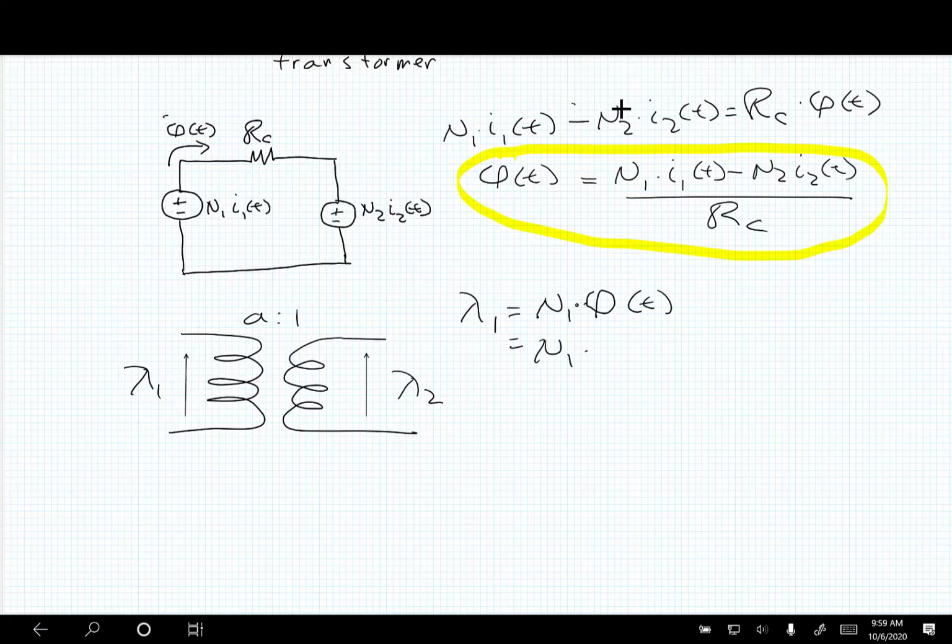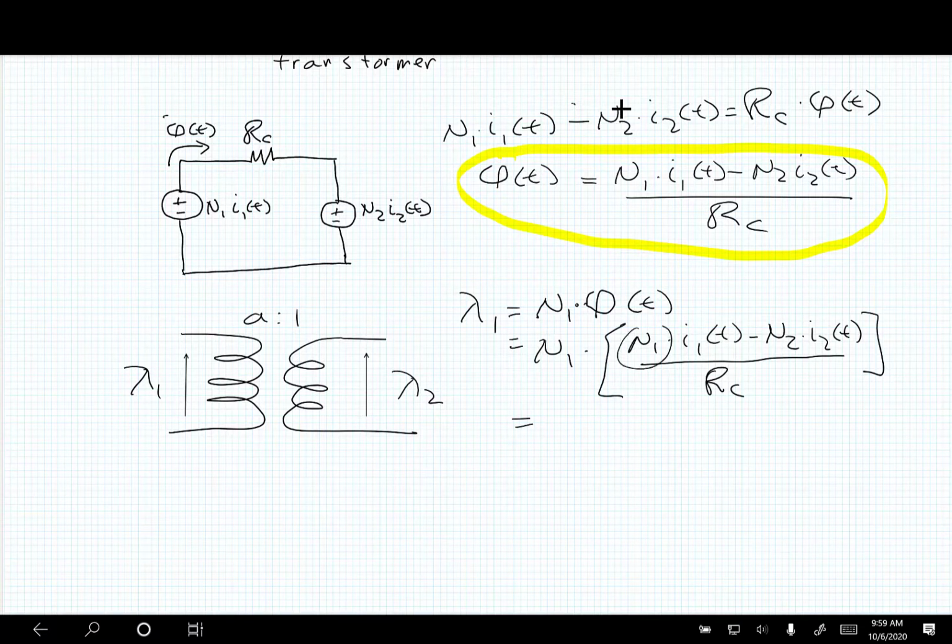N1 times N1 I1(t) minus N2 I2(t) divided by the reluctance of the core. And let's pull out the N1. And let's pull out the reluctance of the core.